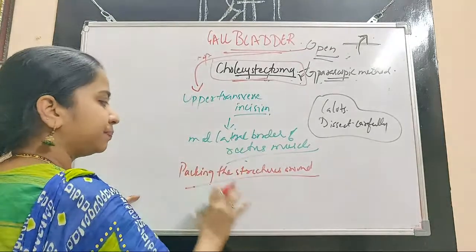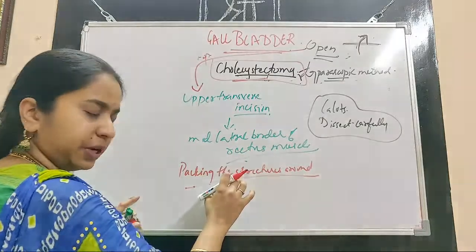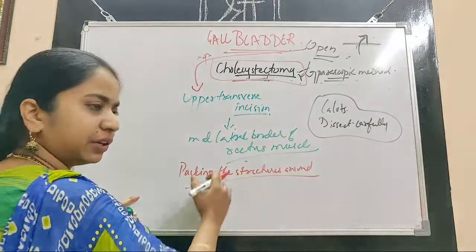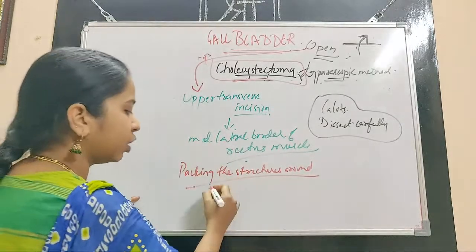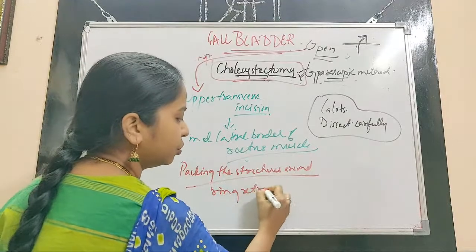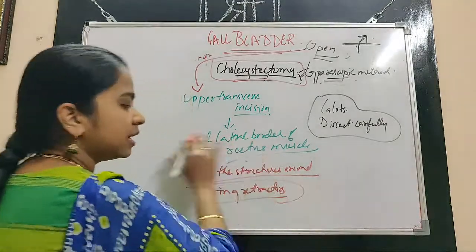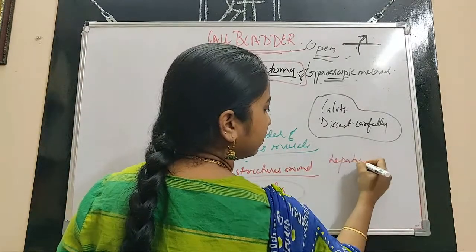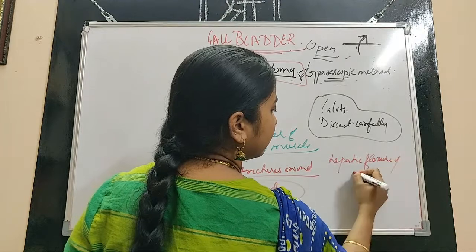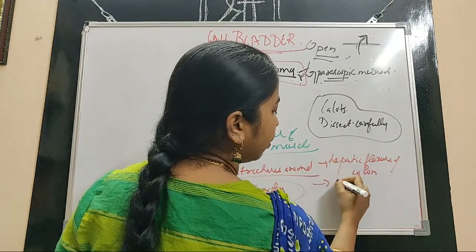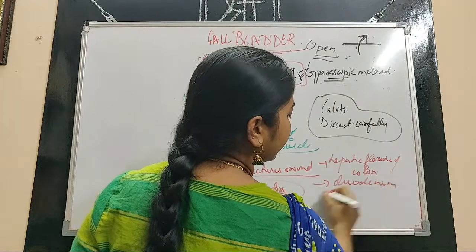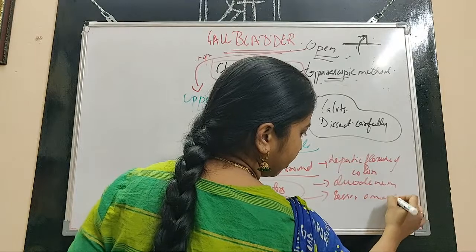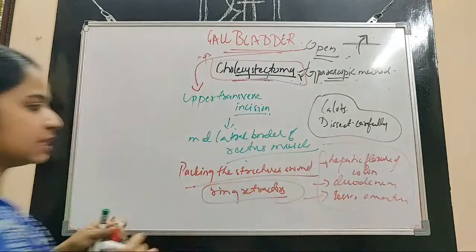So that they do not intervene into the operative field, they are retracted, usually using the hand, or there are something called ring retractors. Using these, they retract the surrounding structures like the hepatic flexure of colon, duodenum, and the lesser omentum. Basic important nearby structures.